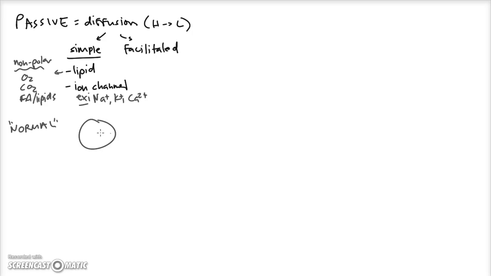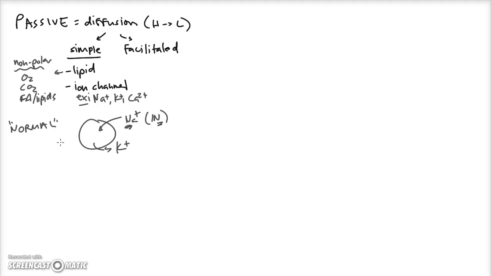The normal movement of potassium and sodium with regard to the cell is that sodium is always moving in, potassium is always moving out. One way to remember it is sodium moves in, there's an N in there, there's an N in sodium. I want you to memorize this.